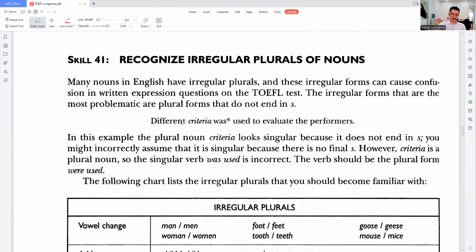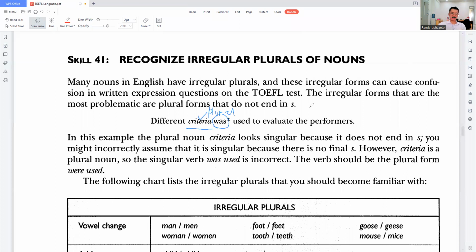So this different criteria was used to evaluate performance. This is actually a plural noun. So I want to say not all nouns end with s or es when they turn into plural forms.